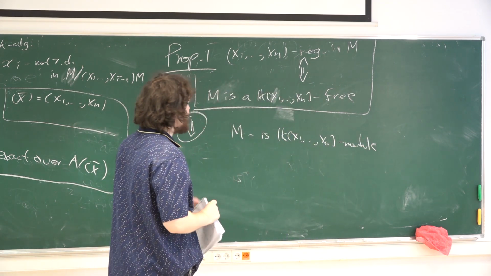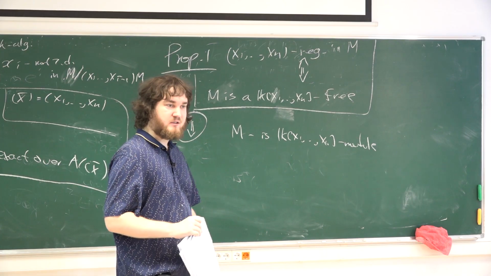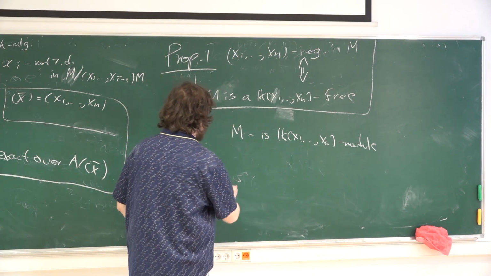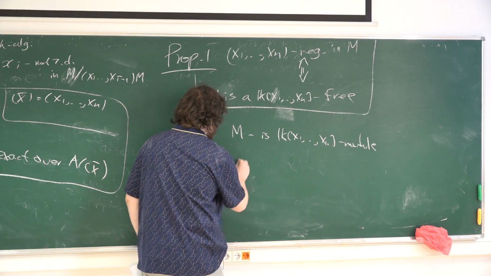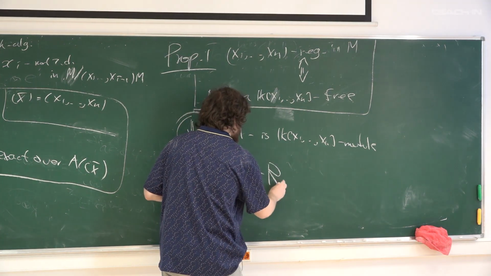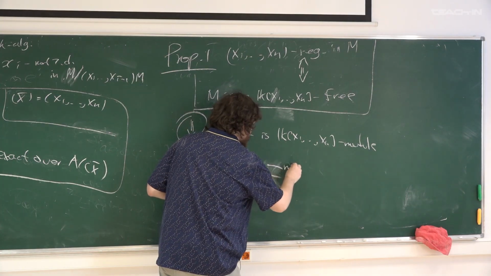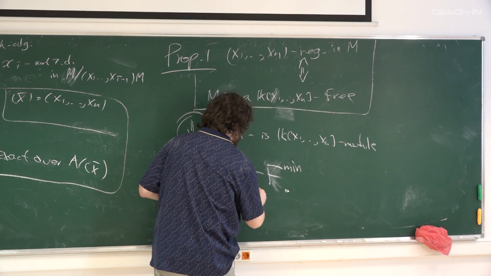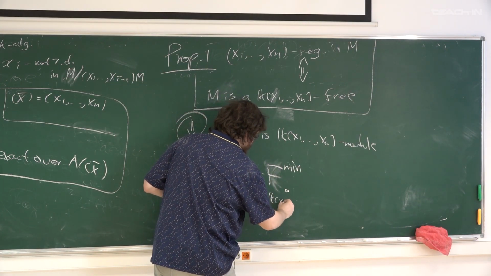I need to check that it's a free module. Now I can consider the minimal free resolution of M over the polynomial ring.